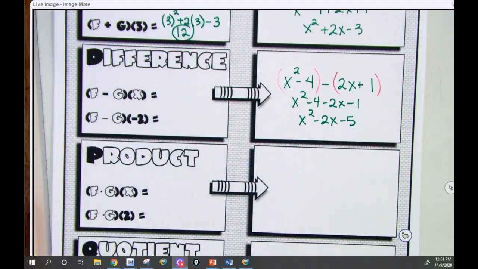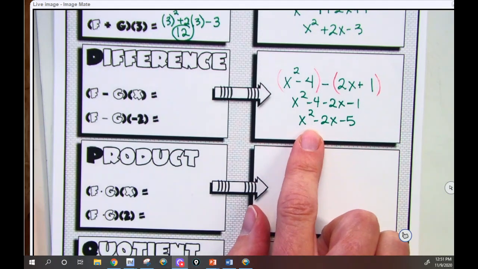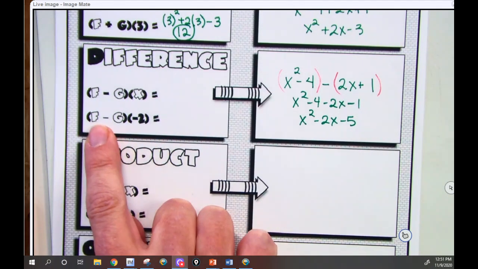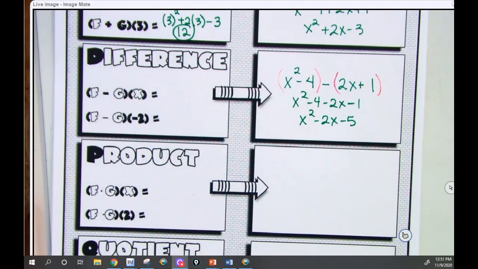So don't make the fatal error on those of forgetting to distribute your sign. Now that you have f minus g of x simplified there, find what f minus g of negative 2 is. Substitute in negative 2.